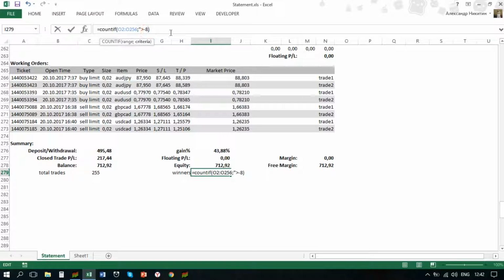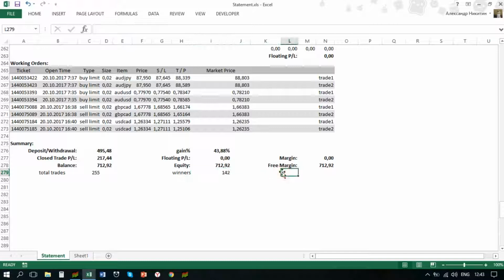If we type it this way, we can be sure that what is less than minus 8 is a stop loss, but what is more than minus 8 is either a winner or a break-even. So now we have the amount of them, 142.